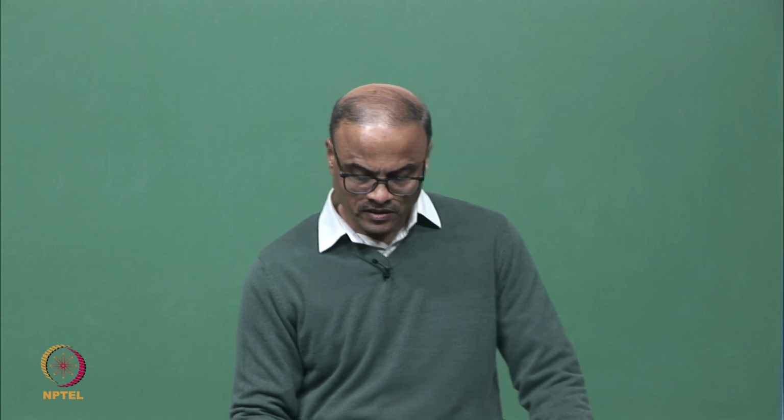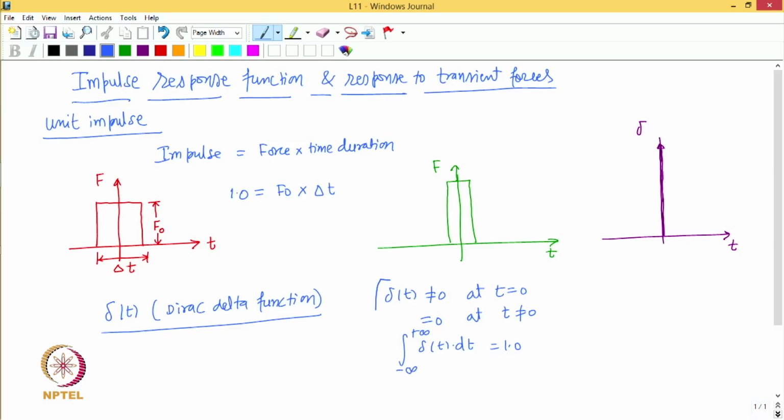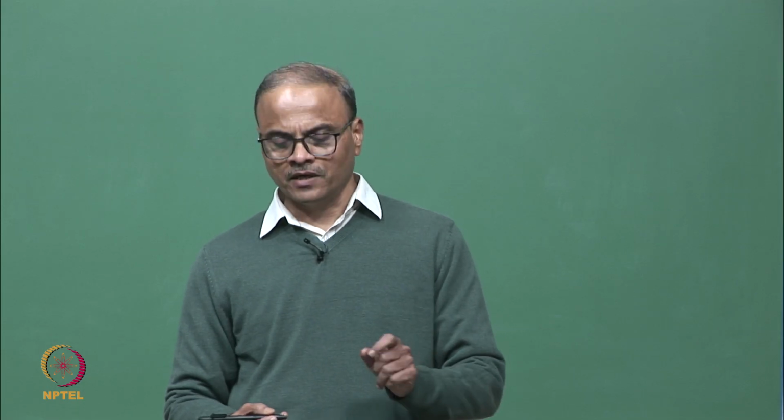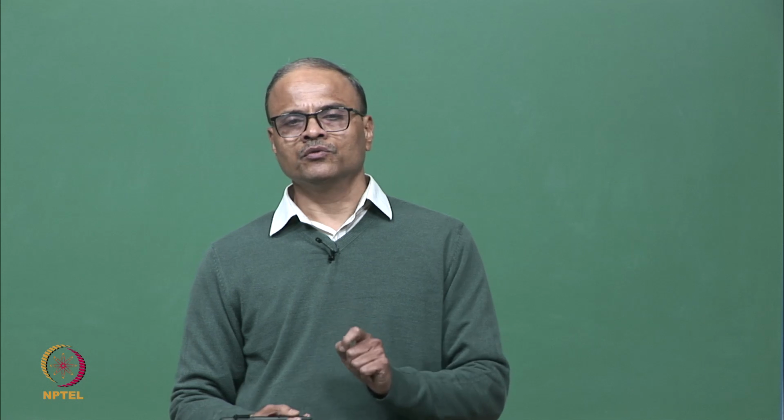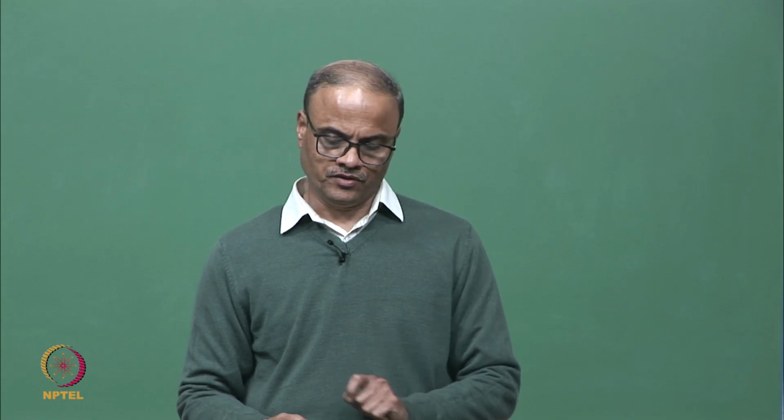So, this is basically the definition of the Dirac delta function or a unit Dirac delta function, which basically is an idealized unit impulse. So, here delta of t has units of force and its integration over time axis is unity, which basically means that this force amounts to producing a unit impulse on the system.